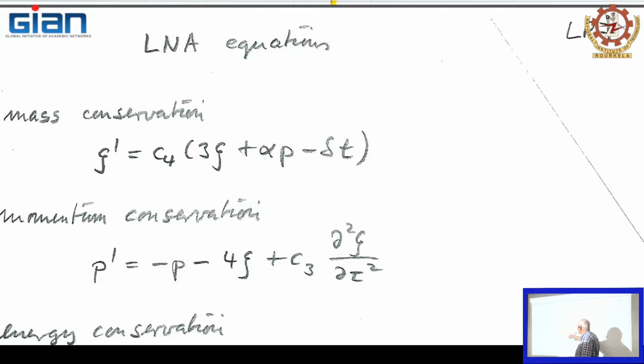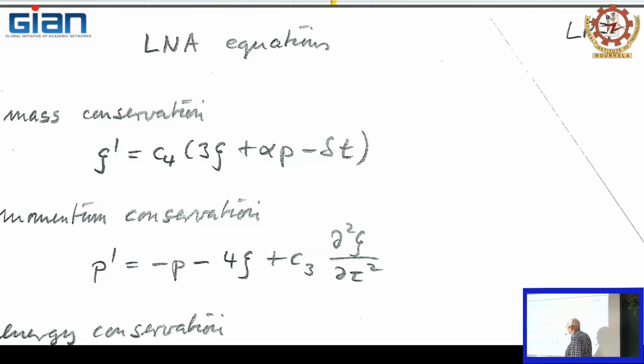The 3 comes from the 1 over cube dependence of the mass conservation equation, and then there is a coefficient C4, which is given here in a dimensionless form. All these quantities are dimensionless. Time is measured in units of the free fall time, the dynamical time scale, and all the other quantities are relative quantities, so these are all dimensionless quantities.